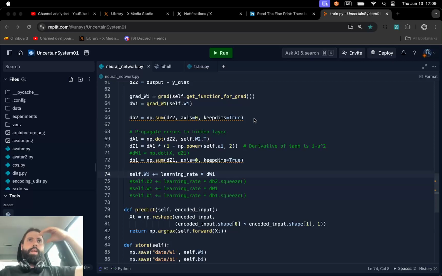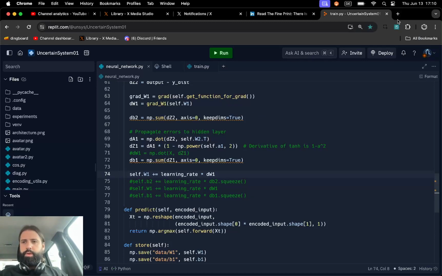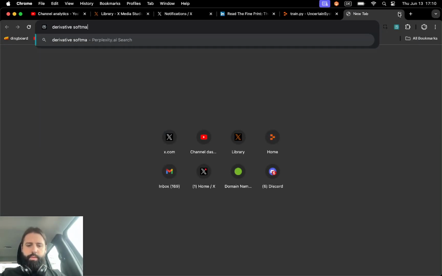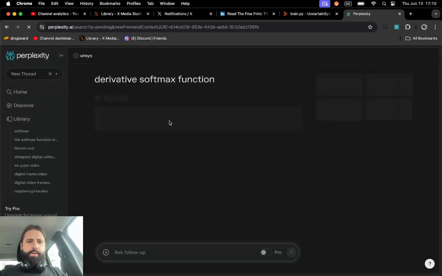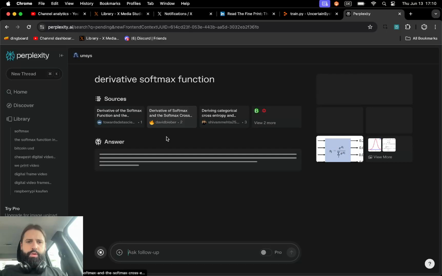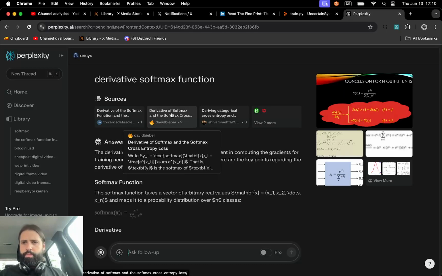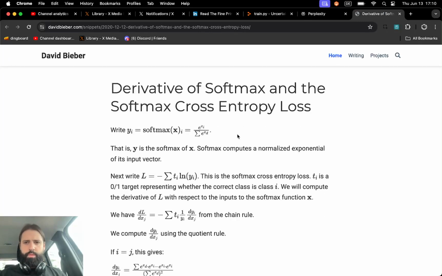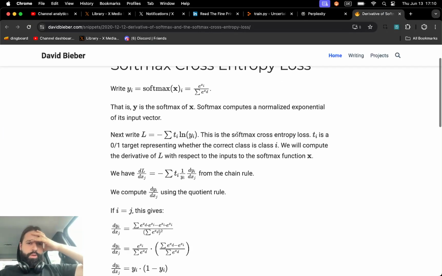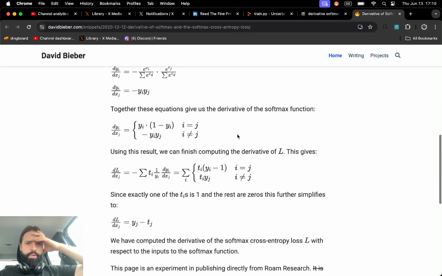Going back to first principles, it's a function whose derivative, the derivative of the softmax function, I'm not so sure I fully understand.